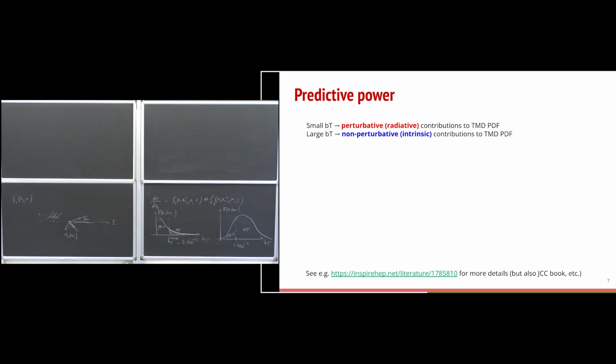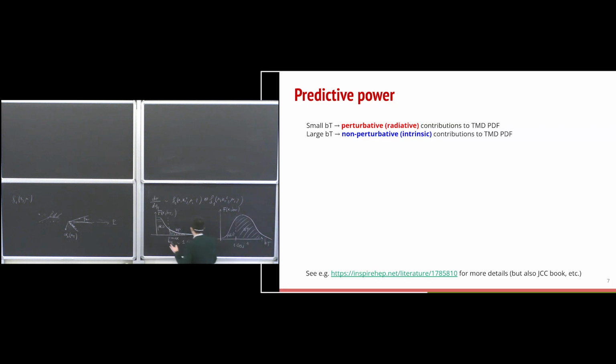So in which case do the non-perturbative corrections dominate? On the right, because in this case the bulk of the distribution is actually for BT larger than 1. So the area under the curve here is given by the details of the non-perturbative model.